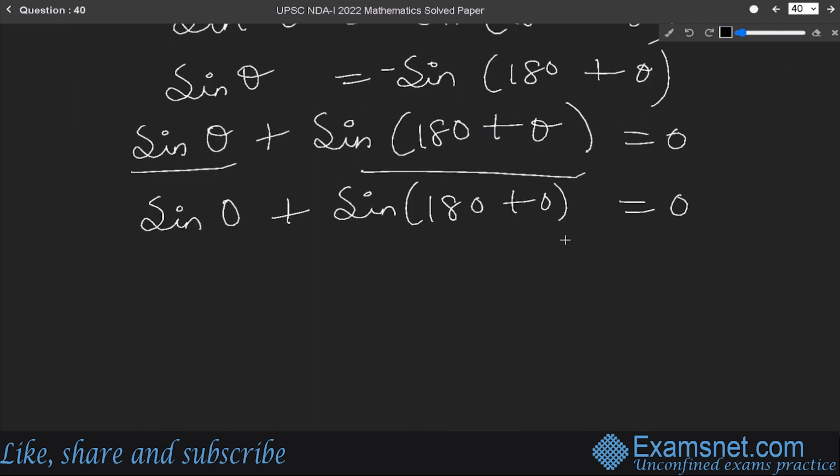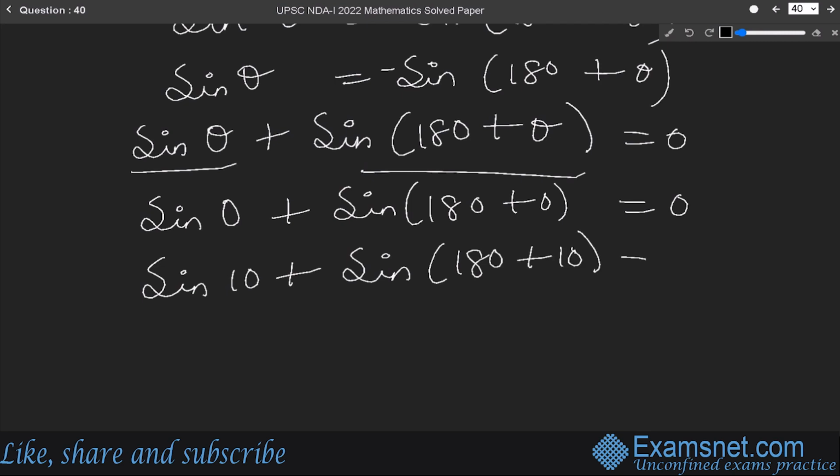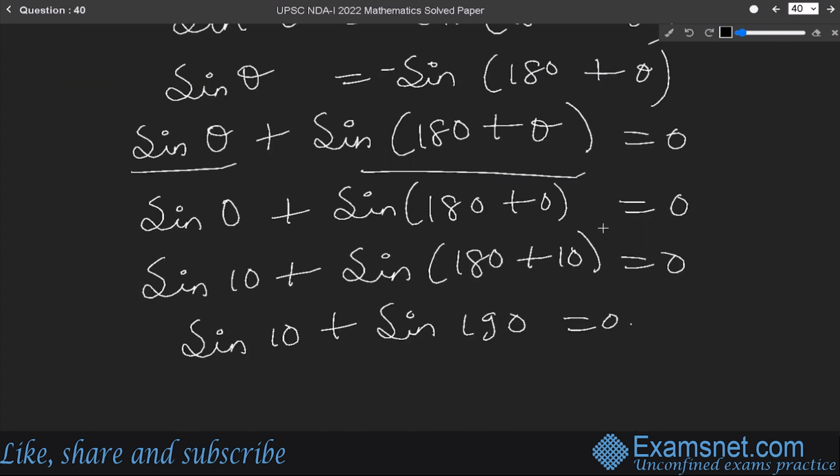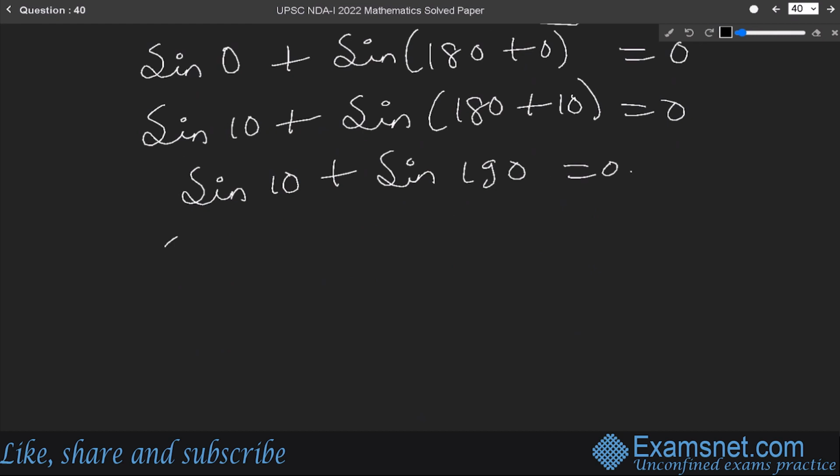Similarly, let us see the other parts. sin 10 + sin(180 + 10) will be equal to 0. Means sin 10 + sin 190 will be equal to 0. Similarly, sin 20 + sin 200 will be equal to 0.